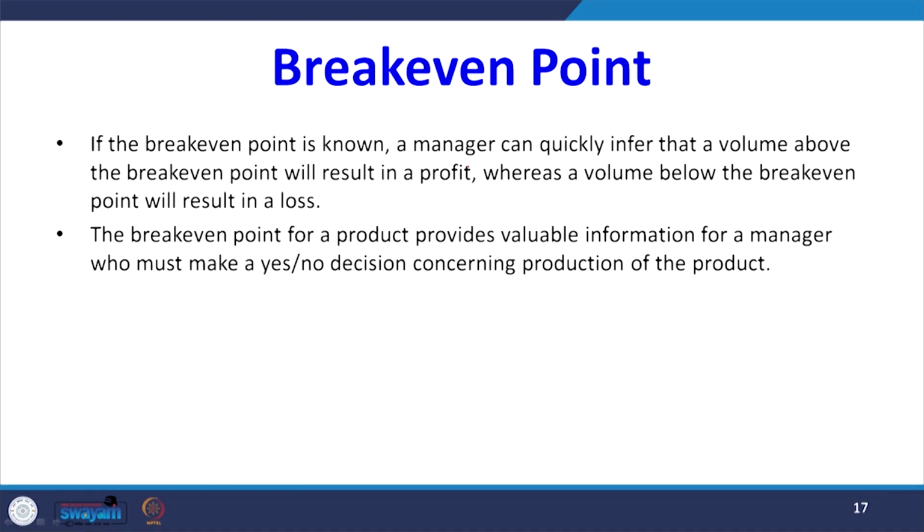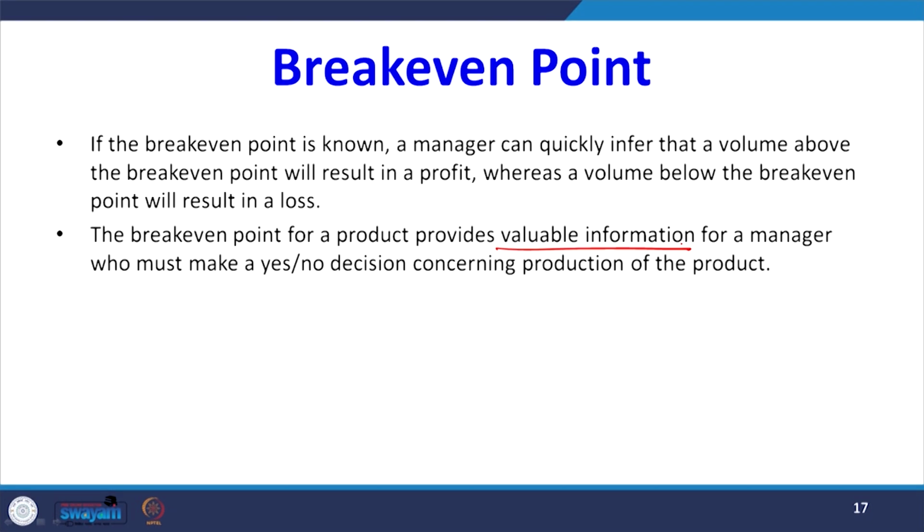So, if the break even point is known, a manager can quickly infer that a volume above the break even point will result in a profit, whereas a volume below the break even point will result in a loss. So, the break even point for a product provides valuable information for a manager who must make a yes or no decision concerning production of the product.